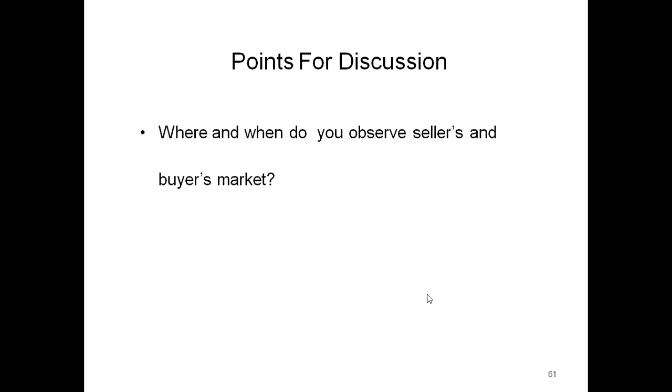Sellers are more and buyers are small. In the case of seller's market, demand is created by artificial storage, and in buyer's market, demand is less and cannot be created. In seller's market, the seller is a bear. In buyer's market, the buyer is a bull. In seller's market, competition is imperfect, and here the competition is perfect.